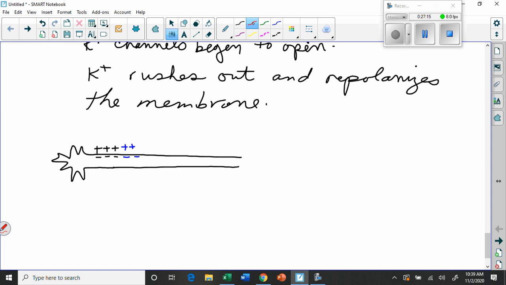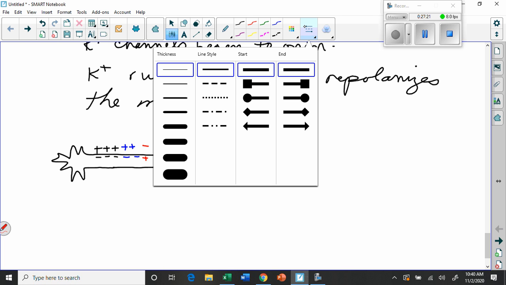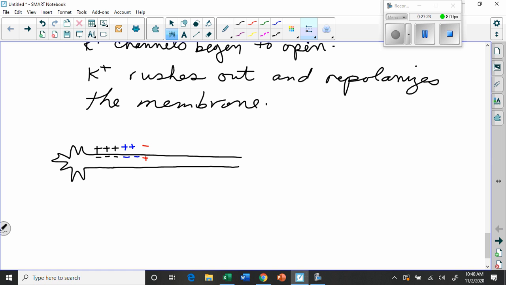And then in red, we have the action potential or the depolarization still working its way down. So essentially, it's a domino effect where the little action potential, the little depolarization in red is shooting along the axon this way. And it's basically just like dominoes.